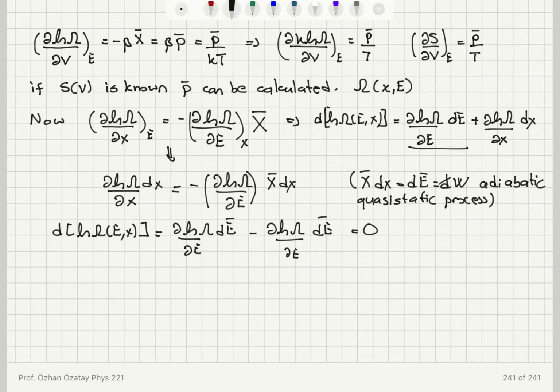So basically I find that the change in k ln omega, which is the change in entropy, will be equal to 0 for an adiabatic quasi-static process.